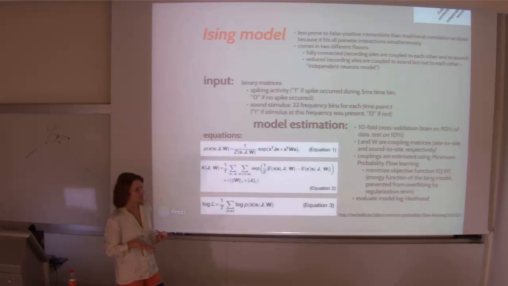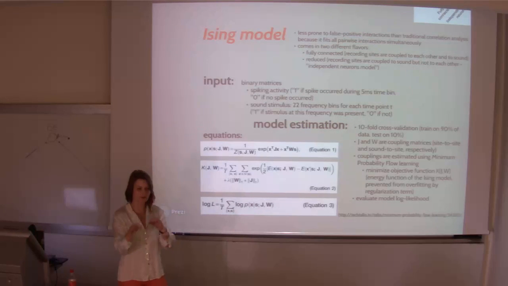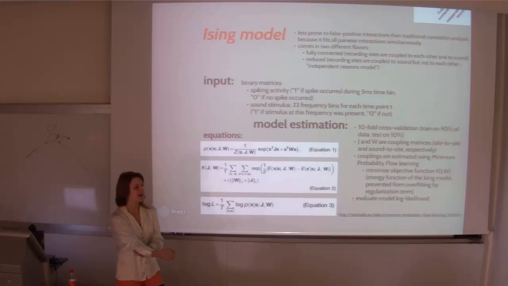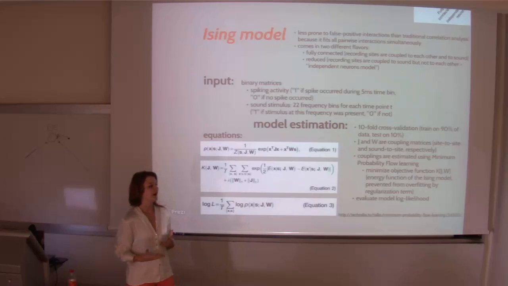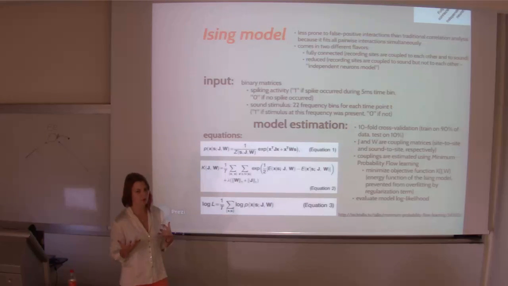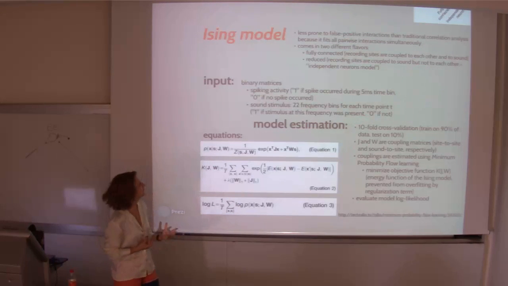Whereas traditional correlation analysis, you're just looking at 2 points separately every time, the Ising model will recalculate weights for all sites more or less simultaneously. And in that sense, it will become much less prone, for example, to false positive activation, as we will see in a bit. But first, let me try and explain to you a little bit about this model.